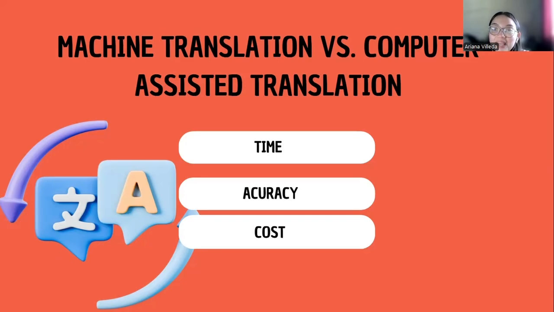The cost: many machine translations are free, like Google Translator, but CAT tools usually require payment to access their features, except for MateCat, right? That it is free. In conclusion, the choice between machine translation and CAT tools depends on the project and the translation that you need.